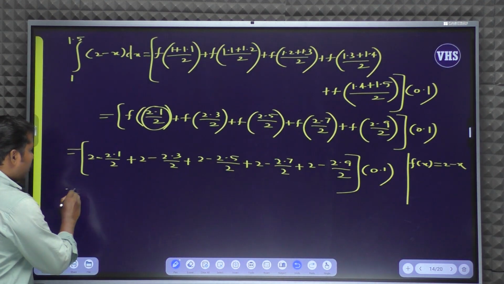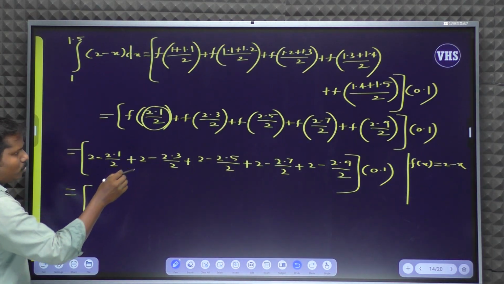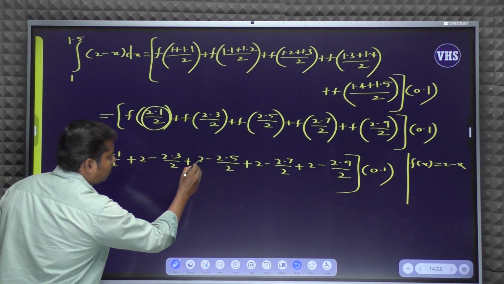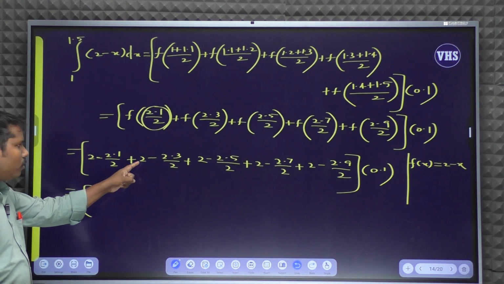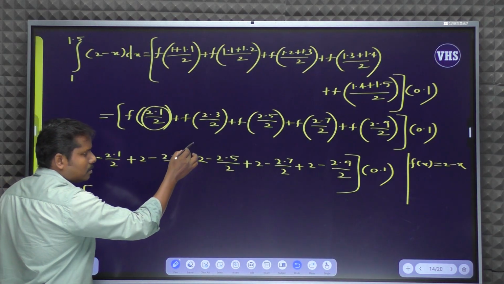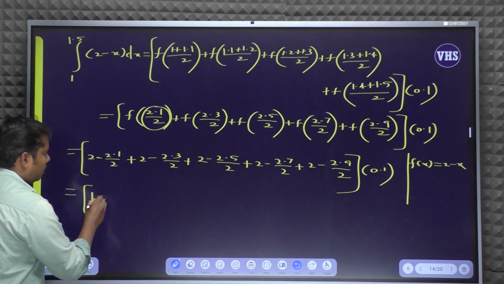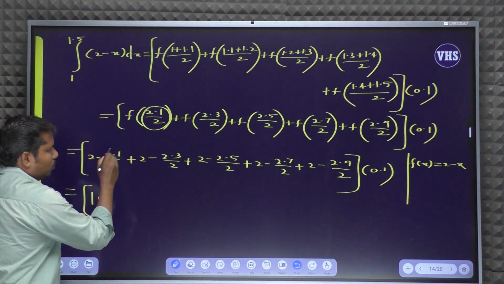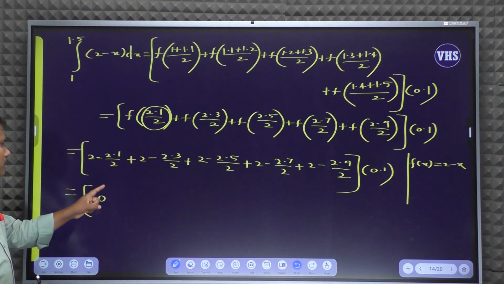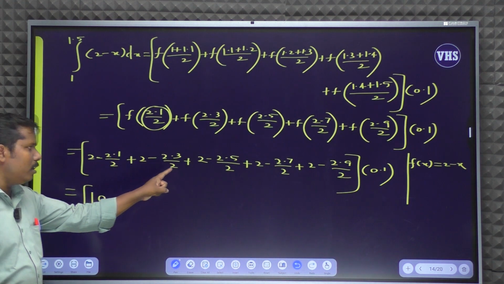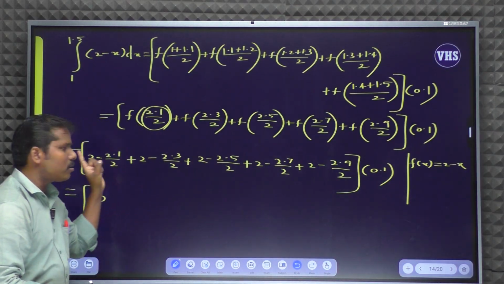Students, you add all the 2's separately. There you can see many 2's. Add all the 2's. 2 plus 2, 4. 4 plus 2, 6. 6 plus 2, 8. 8 plus 2, 10. So 10. Then you take the fractions. You see all the fractions have by 2. Denominator is common and minus is common.